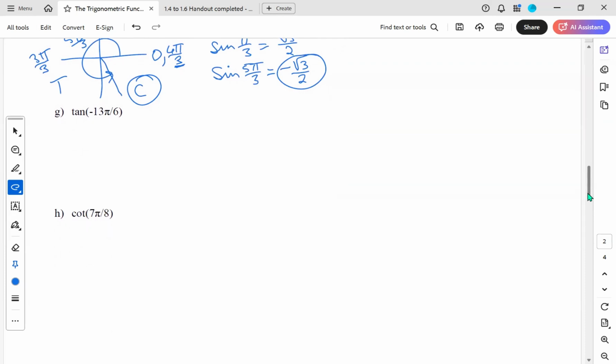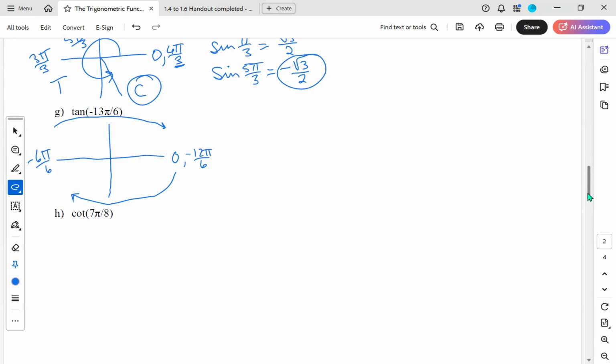All right, tangent of negative 13 pi over 6. So here I've got 0. I'm going this way because I'm going negative. So I've got negative 6 pi over 6. And keep going around. So that's going to give me negative 12 pi over 6. So that tells me it's more than one rotation.